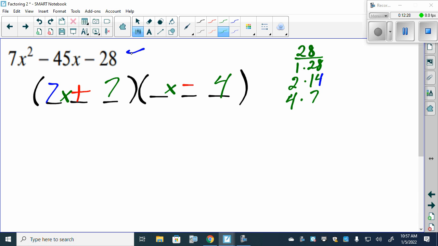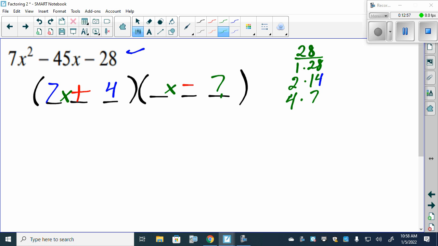Now, if you get to some problems where no matter how you set it up, there's always a greatest common factor in one of the sets of parentheses, look back at the original problem to see maybe there could be one there. Does that make sense? So that's one good way to check. So we can't have it set up this way, but we can still use 7 and 4. We just have to flip it, put 4 and 7.